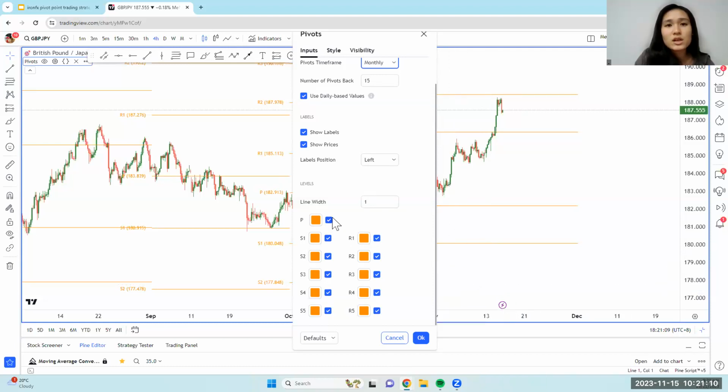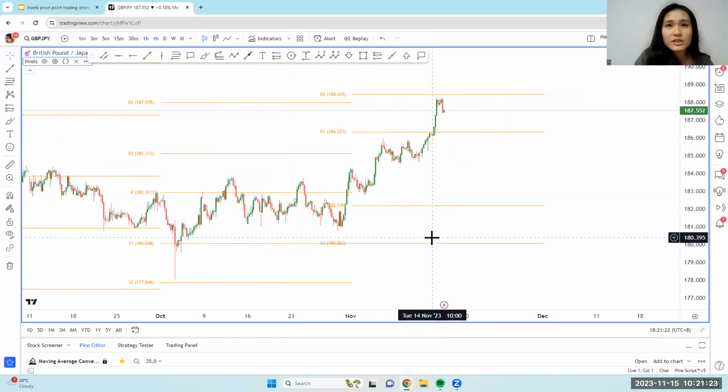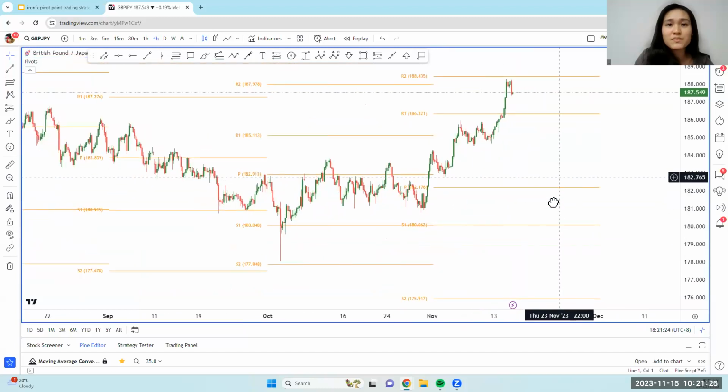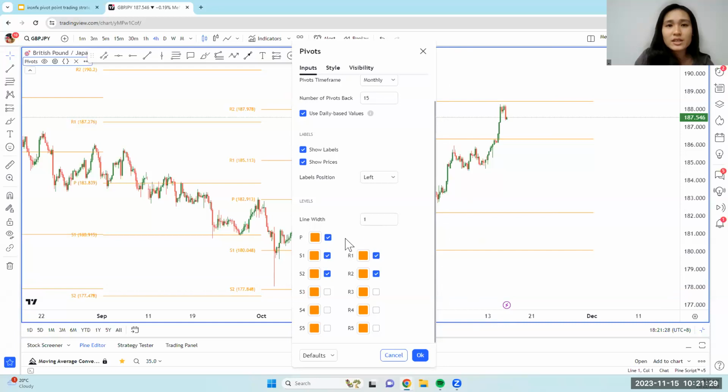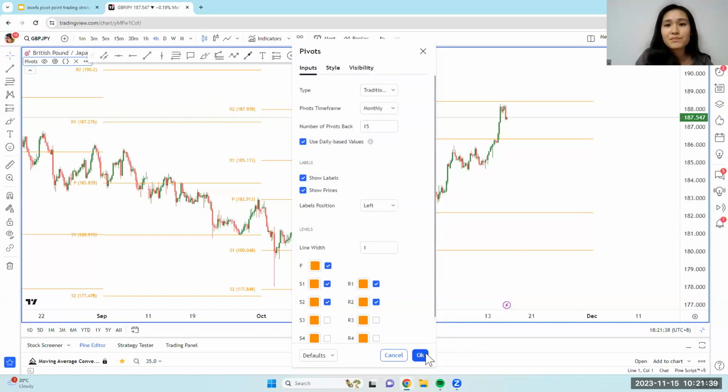Okay, so I will look at the pivot, the S1, but I don't typically like to look at the others because it tends to get too convoluted and I don't like my charts to be too messy. Okay, so I like to just filter it out to just look at the pivot point as well as the first two supports and the first two resistance levels.